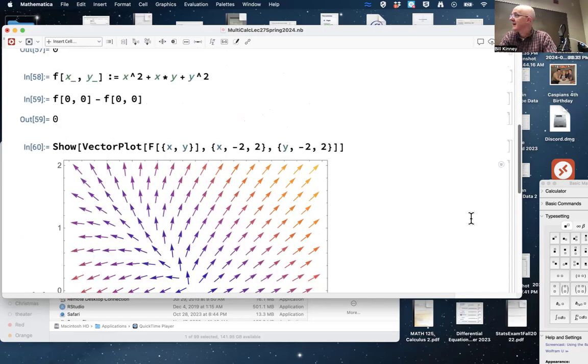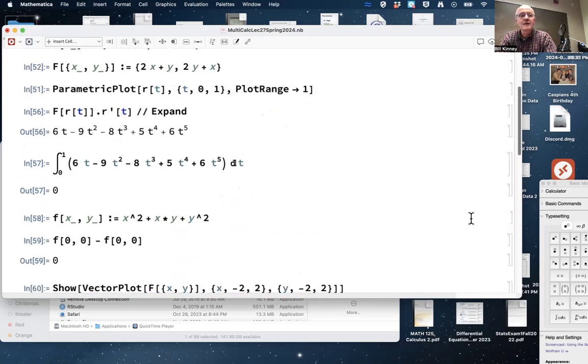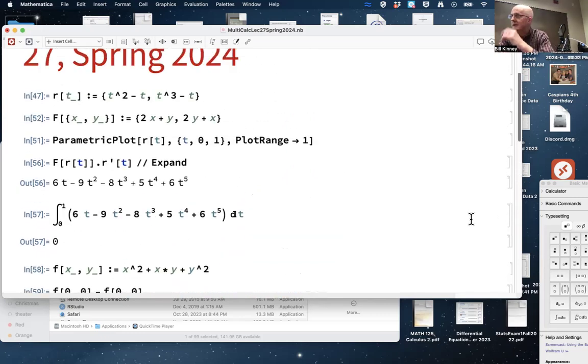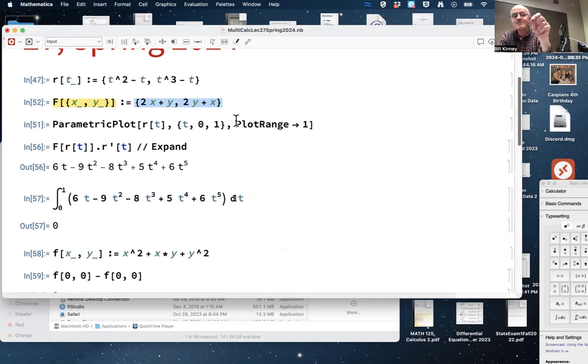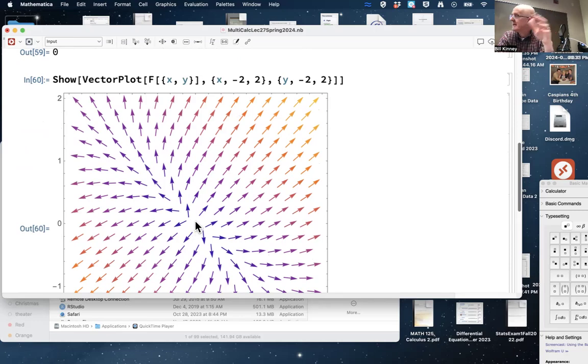The divergence should be non-zero. Let's think about what the divergence of this would be. Look up here. The divergence is the derivative of m with respect to x plus the derivative of n with respect to y. 2 plus 2, 4. Yeah, the divergence is the constant function 4. That's consistent with the origin being a source.